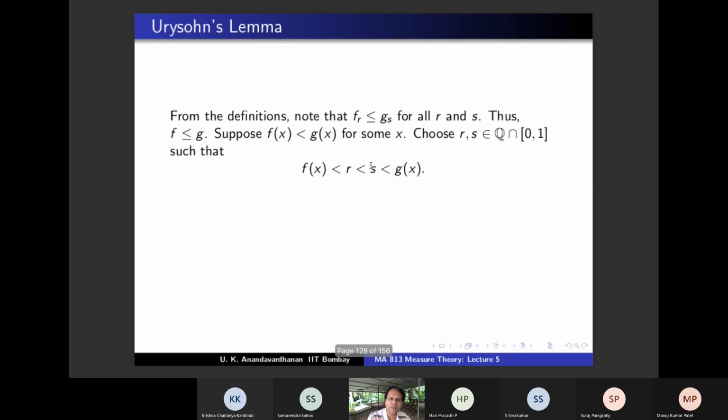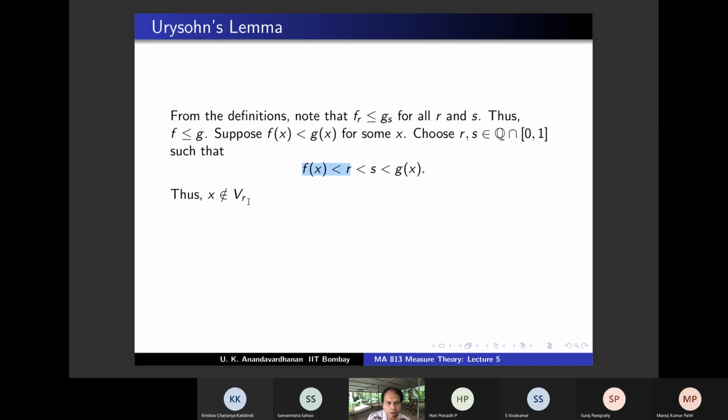So you choose two rational numbers such that f(x) is strictly less than r, strictly less than s, strictly less than g(x). You can do that, no? If you have two different numbers, you can choose two rational numbers in between. And now, because f(x) is less than r, I conclude that x is outside V_r. You agree?